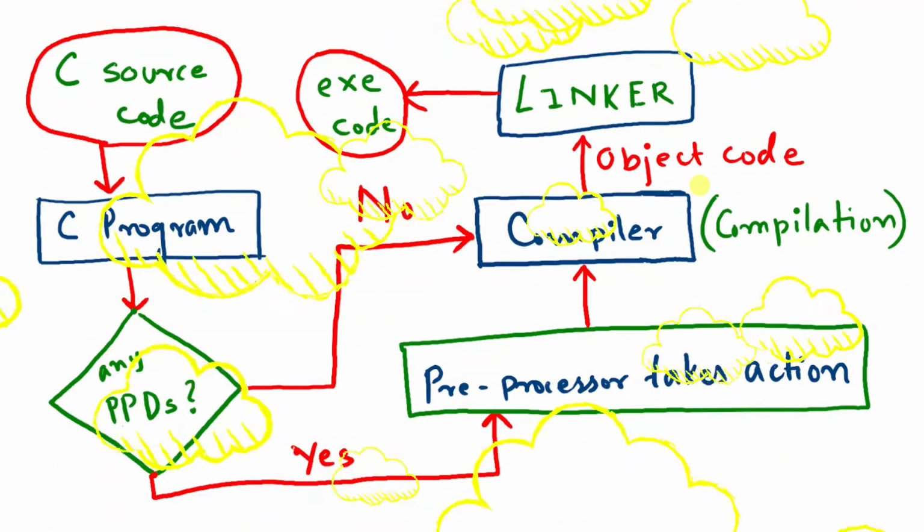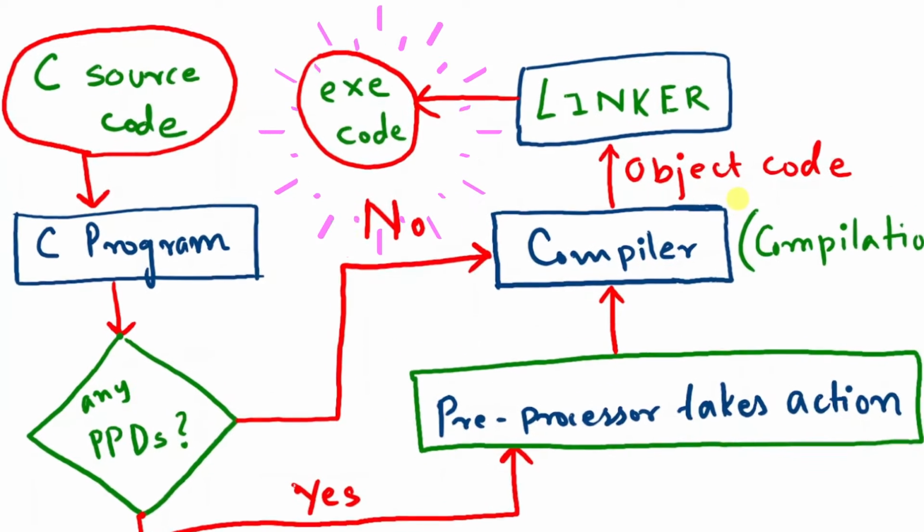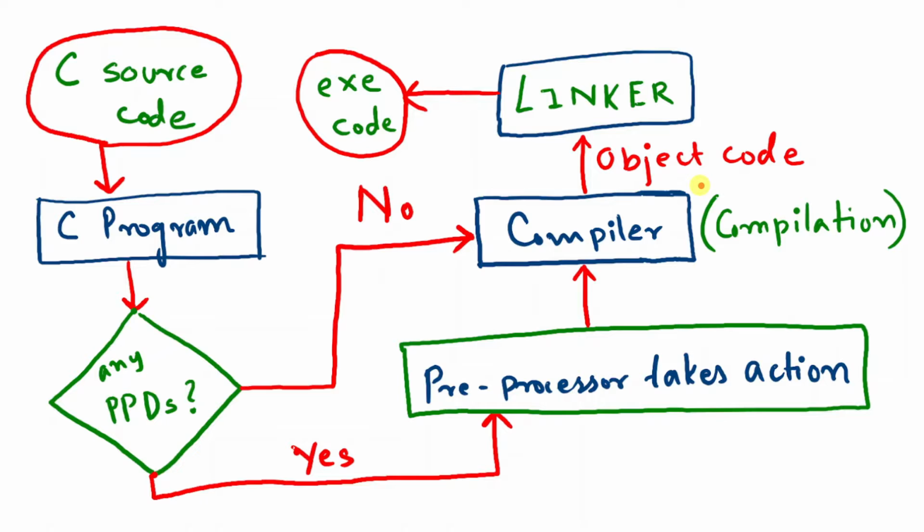Linker is again another program which takes the address of the files that you have called, like the standard library header file, the standard input output header file. All these files are stored somewhere in the memory, so they must have their own addresses. It is taking the address of those files and linking this with our object code to create the final executable file that we all want to see.